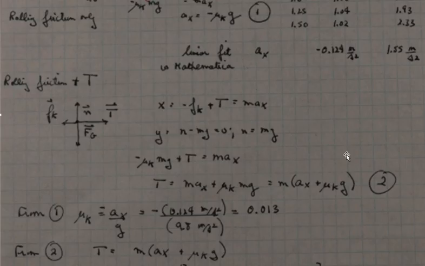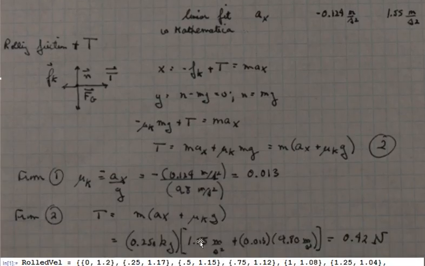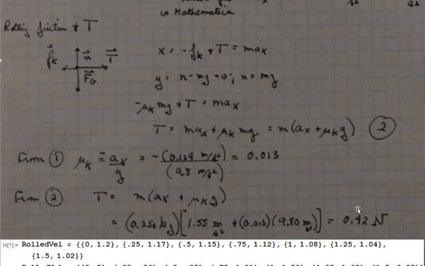That allows me to put in a value for mu sub k, and the a sub x is what we got here, 1.55. The tension can now be computed as the mass of the cart, which is 1/4 of a kg, given in the problem, times the quantity of 1.55 meters per second squared plus the previously calculated mu sub k of 0.013 times the acceleration of gravity, and that turns out to be 0.42 newtons. Pretty cool.